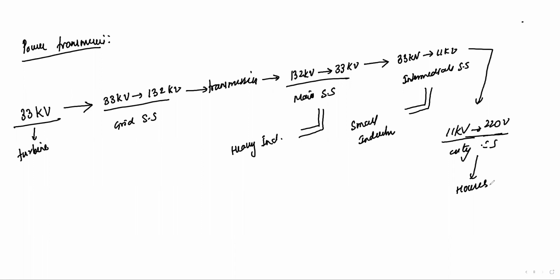Then it goes to the intermediate substation, where 33 kilovolt is converted to 11 kilovolt, and that goes to small industries. Then it goes to the city substation, where the 11 kilovolt is converted to 220 volt, and it goes to all the houses which use electrical appliances, right?